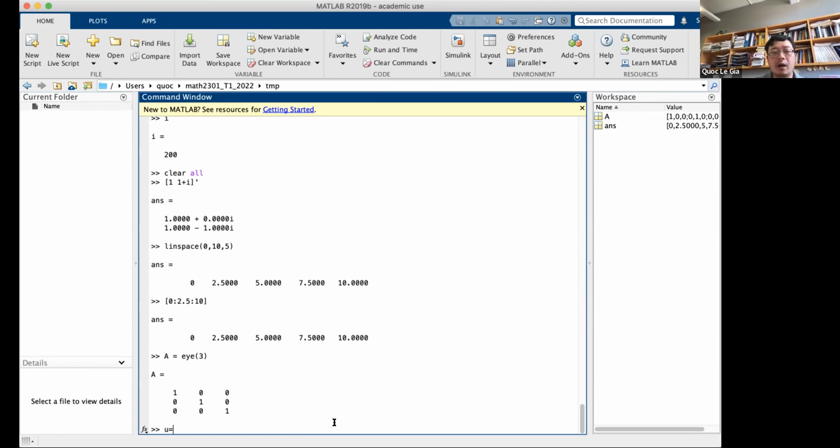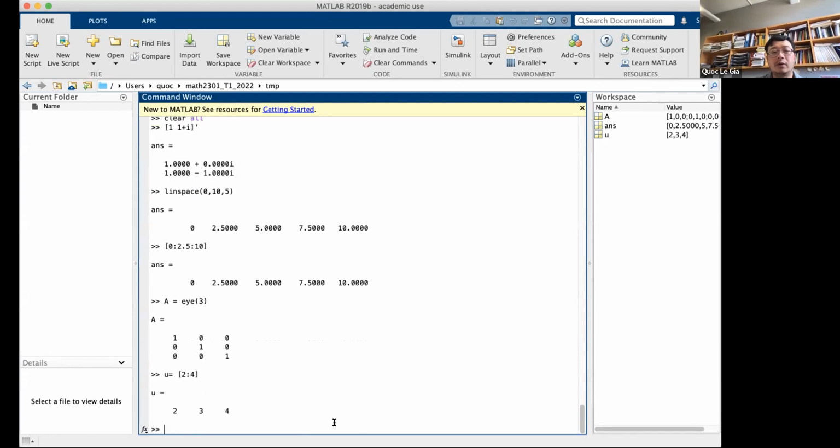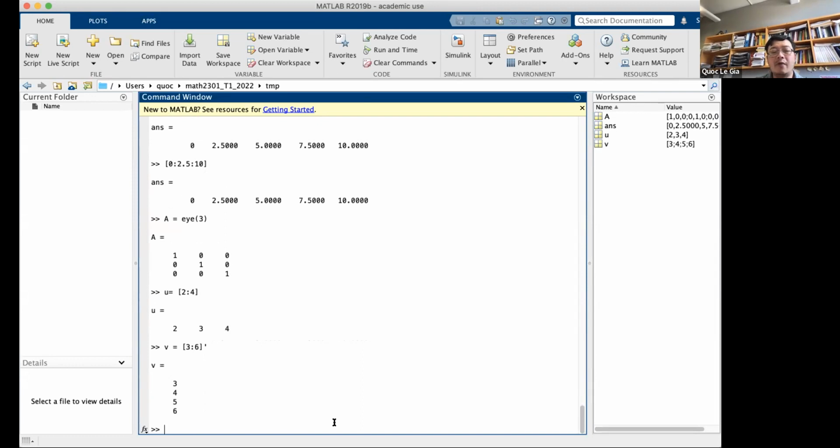And suppose you put in a row vector 2 to 4, and then a column vector 3 to 6. Now if I want the row vector u to be a new row of a matrix A, then I just put a semicolon and then put the vector u in, and I have a new matrix A. That's very easy to edit a matrix in Matlab.